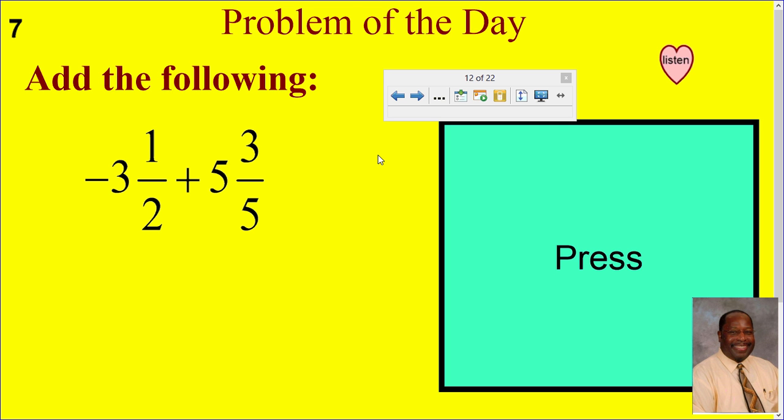We were adding integers, but we can also add some of those mixed numbers, integers with fractions attached to them. So we have -3½ plus 5 3/5. I hope you remember how to deal with fractions. So I'll give you a minute.